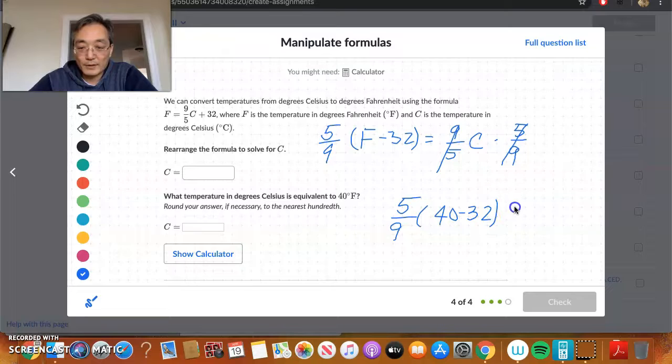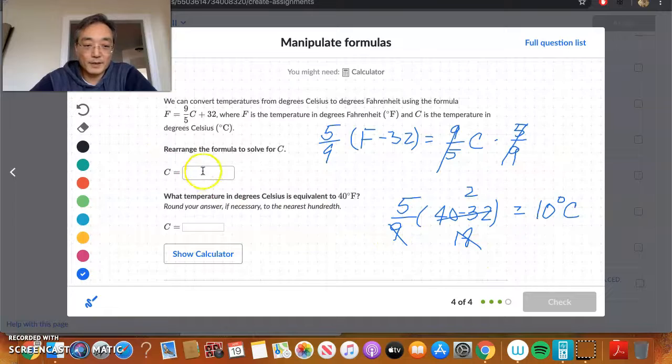And let's work that out. So this is going to be 12. Oh no, sorry, 18. And we know that 9 goes into 18 twice. So 2 times 5 is 10. So it looks like 40 degrees Fahrenheit is equivalent to 10 degrees Celsius.